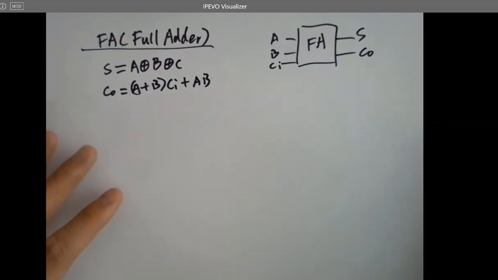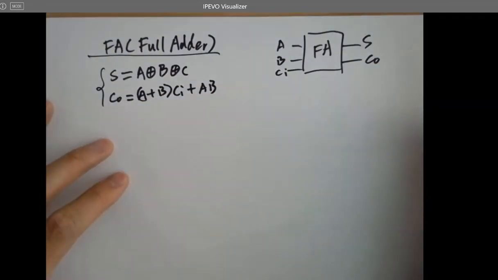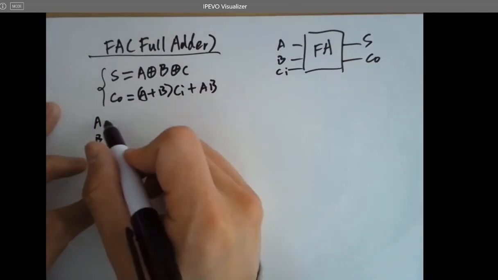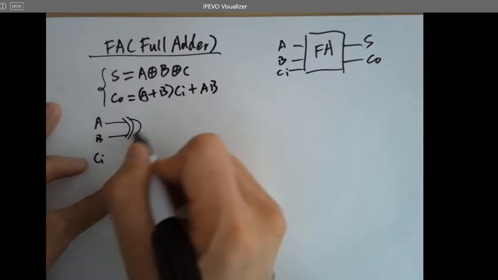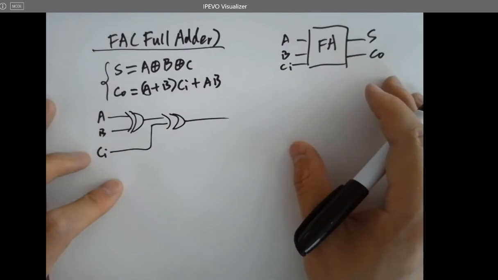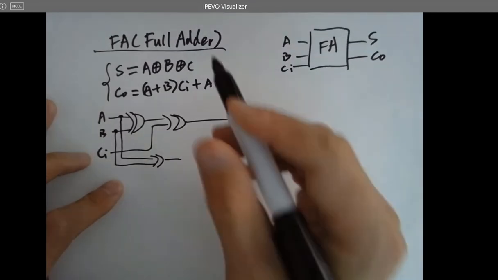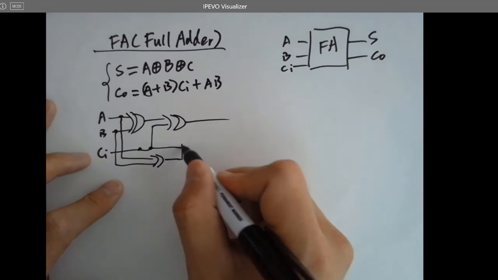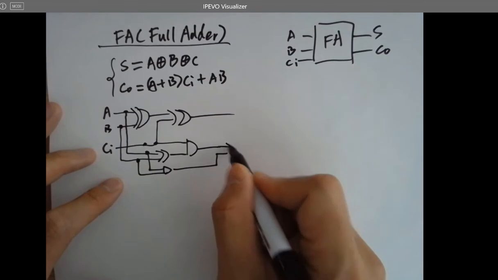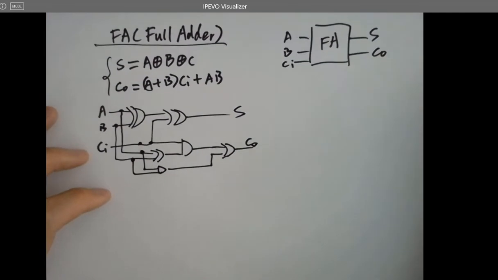So definitely you can design a gate-level logic circuit to implement this logic, like what we have done a lot of times. A or B, and a CI or AB. This S, this CO. It's a lot of gates.